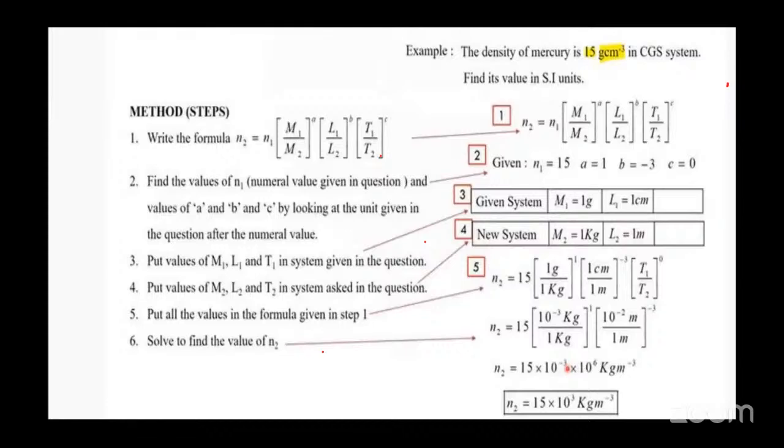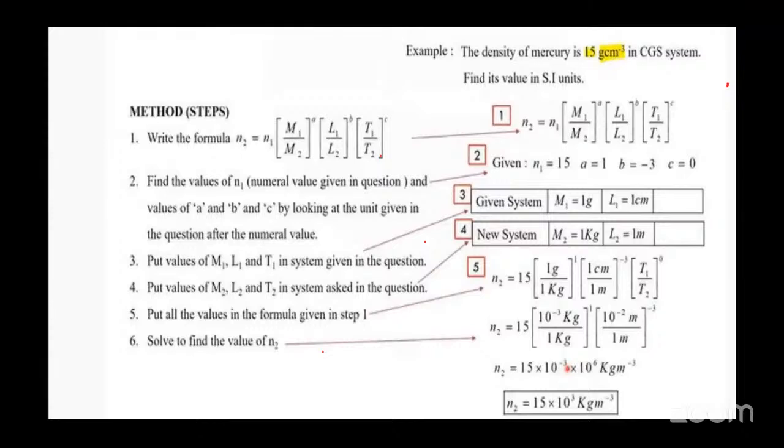Length, cm, is raised to -3. So B is equal to -3. There is no time given in this equation, there is no second there. So the time factor C is considered 0.